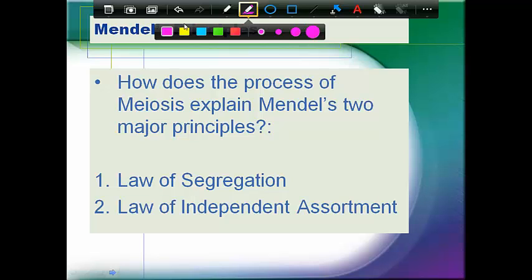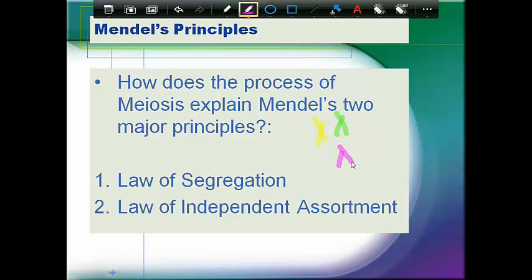If we put the yellow again across from the green. It has to be that way because those are the homologous chromosomes. But now this time, put the pink on this side and the red under the yellow.